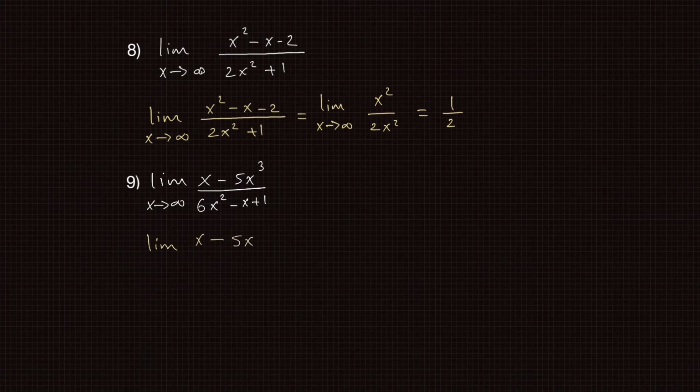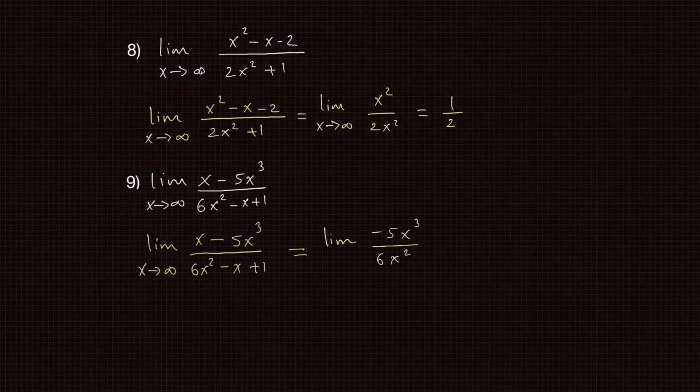Limit of x minus 5x cubed divided by 6x squared minus x plus 1 as x approaches infinity is equal to the limit of the leading term of the numerator, which is negative 5x cubed, divided by the leading term of the denominator, which is 6x squared, as x approaches infinity.